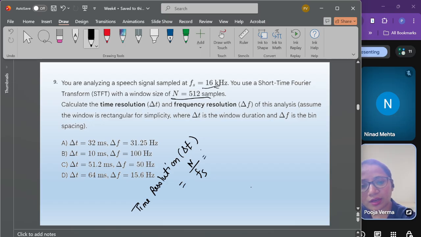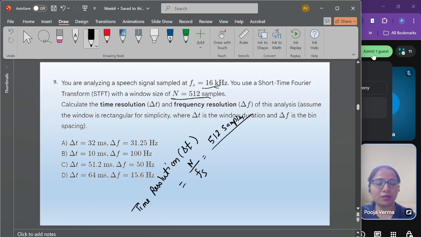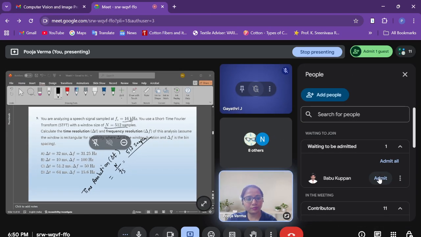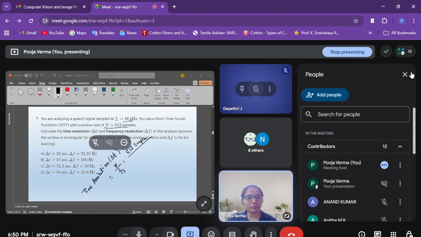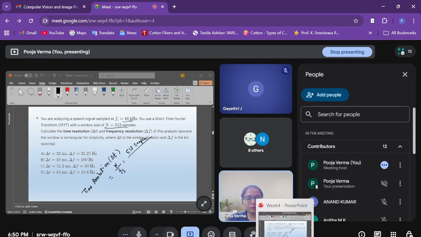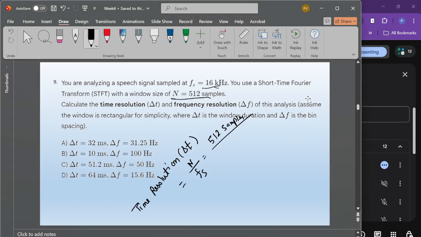N is given as 512 samples, divided by 16 kilohertz, so 16,000 hertz, or 16,000 samples per second.